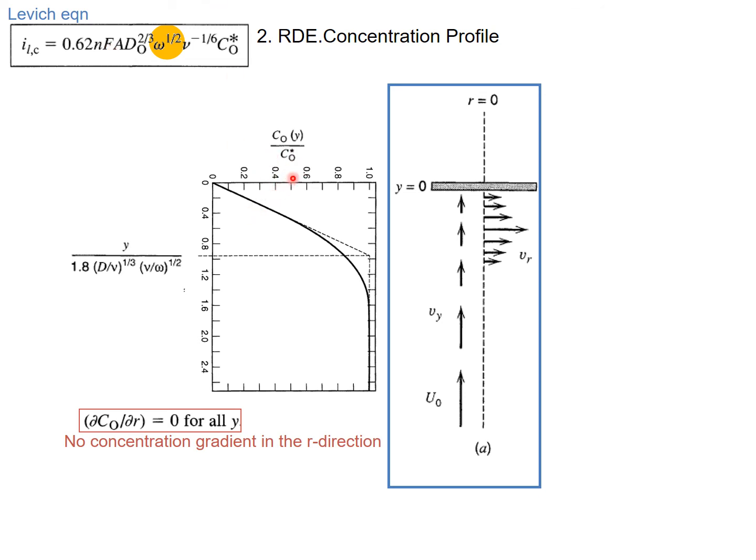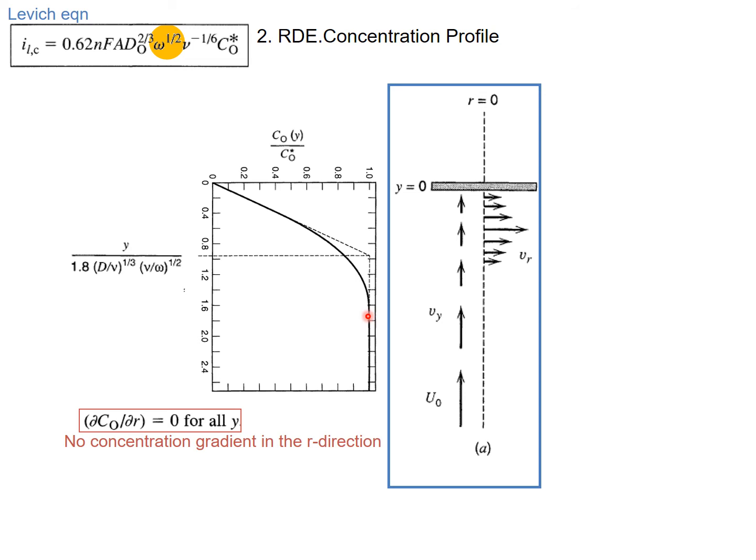We are focusing on the y-directional concentration gradient. I have said about that. Here is the electrode surface. Far from the surface of the electrode, we would have the constant concentration, which is the bulk concentration.